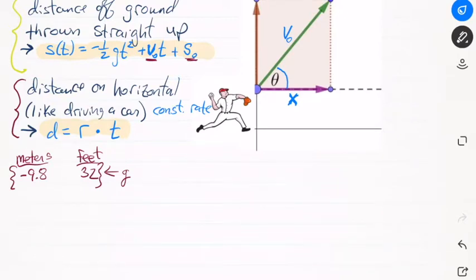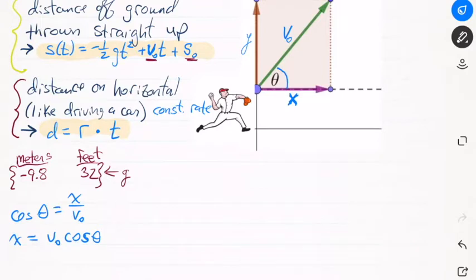So we could set up, I'll write it over here, cosine of theta is equal to x over v sub 0. And then the x component of the velocity is going to be v sub 0 times cosine of theta. So that would tell me how fast it is moving left to right. Well, in this case, to the right. All right, if we do the same thing for the vertical one, this would be y.